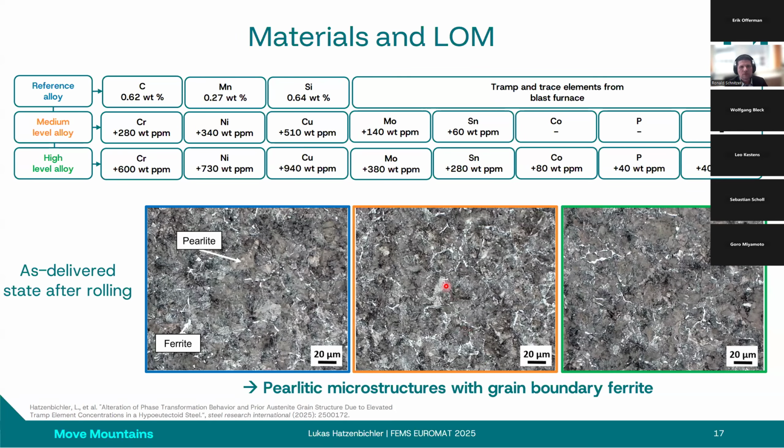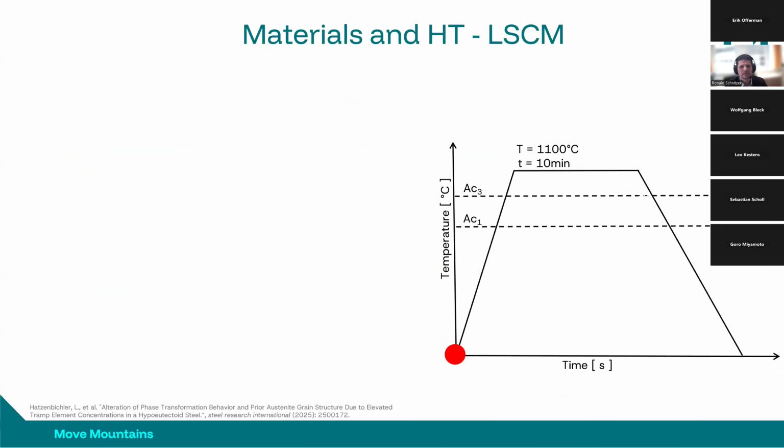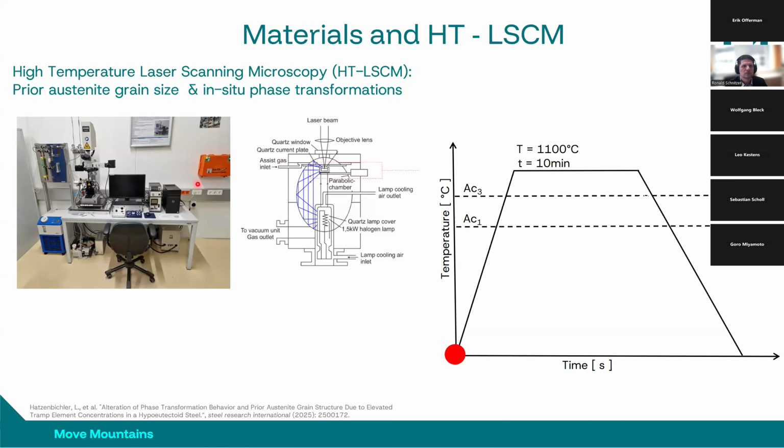When one wants to continue to investigate whether there is an influence coming from the different elements added here, one can also perform high temperature laser scanning confocal microscopy. By applying that method, you can use specific temperature-time profiles, and we have this high temperature scanning microscope within our lab.